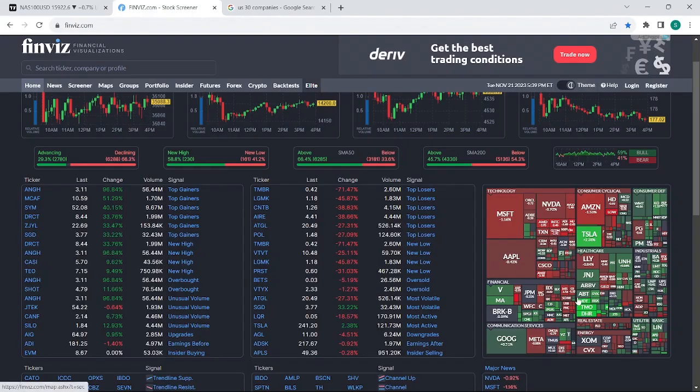I use these as a color calibration. I use this to know where the trend is going, to actually know where the market is heading in terms of indices.